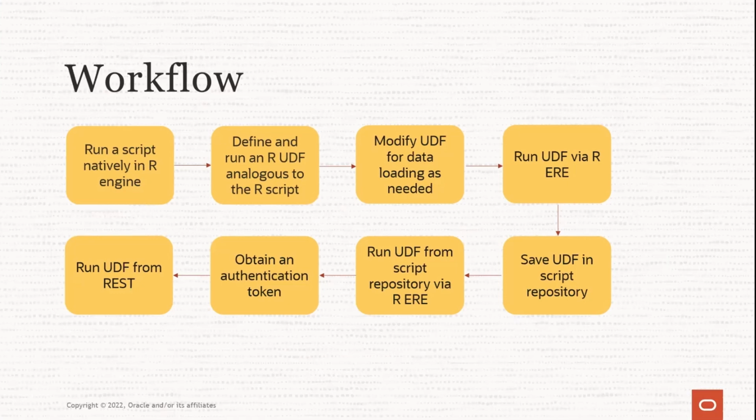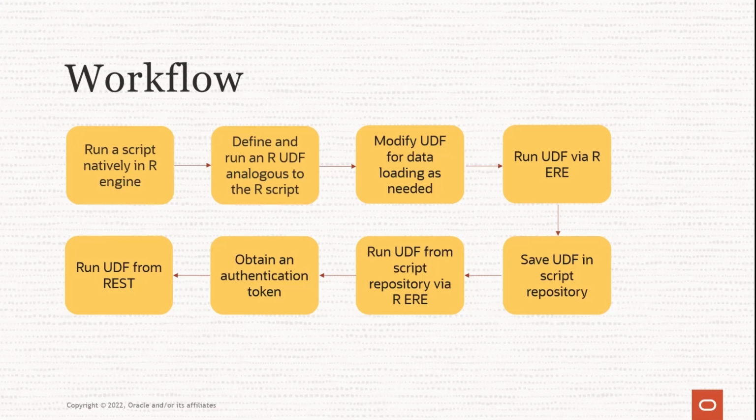So you want to run it in R and make sure that the function works in R, just using a standard data frame. And then run it in embedded R execution to make sure that everything works there as well, that you're loading the data correctly. And if you've saved something to the data store, like a model that you want to use for scoring, just make sure everything works at this step, fix any issues before you move on.